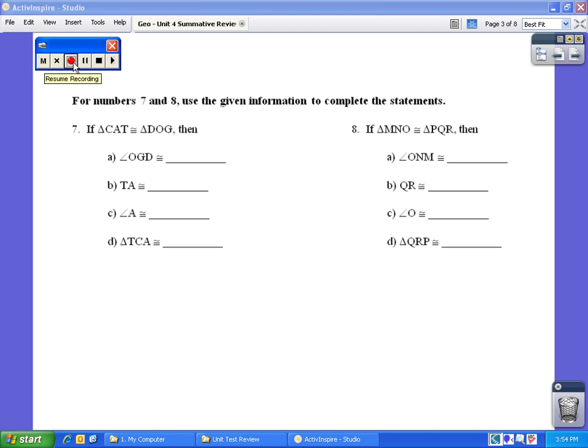For number 7 and 8, use the given information to complete the statements. Remember, it's very important to match up C with D, A with O, and T with G. I'm going to complete 7 and 8 for you.